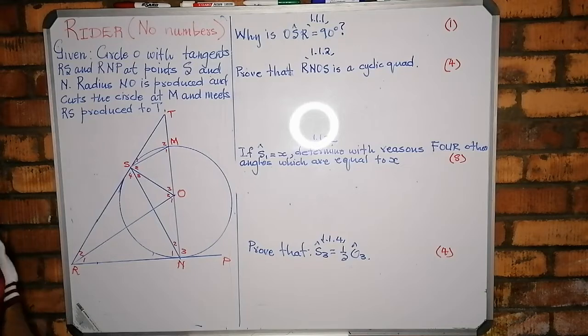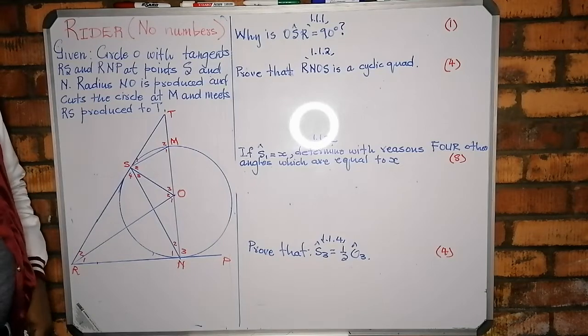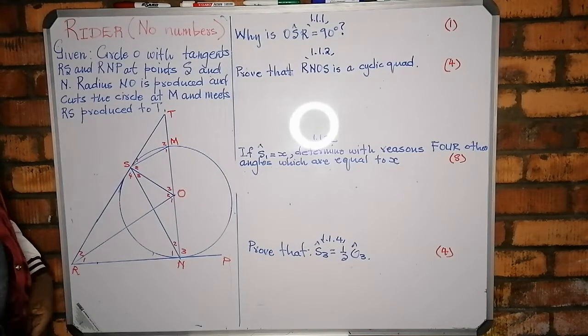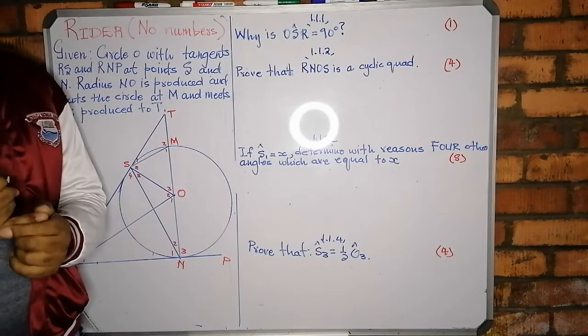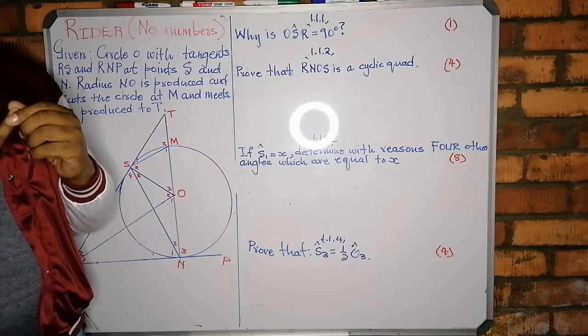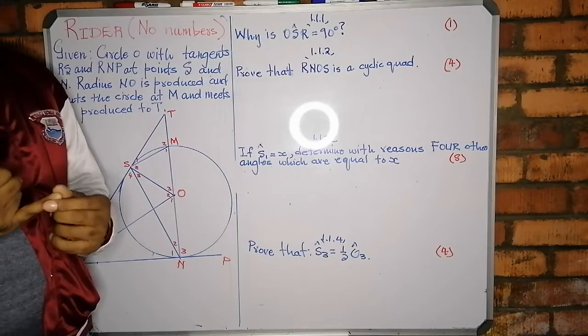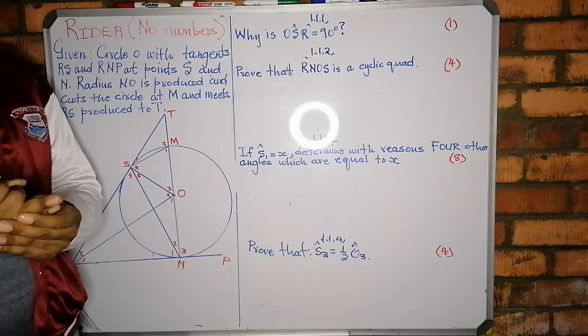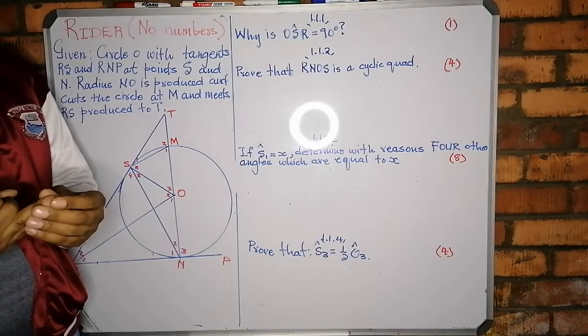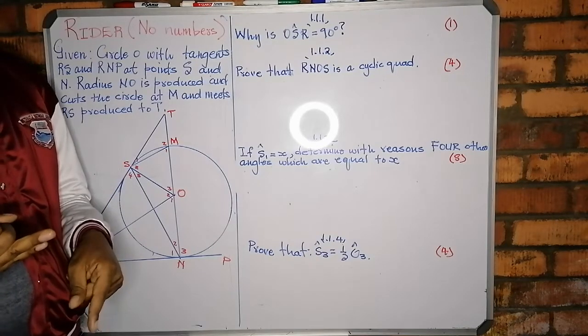Now, remember what I said to you folks. For Euclidean geometry, number one, make it a point that you can state and understand all the theorems. Number two, make it a point that you can prove the theorems.